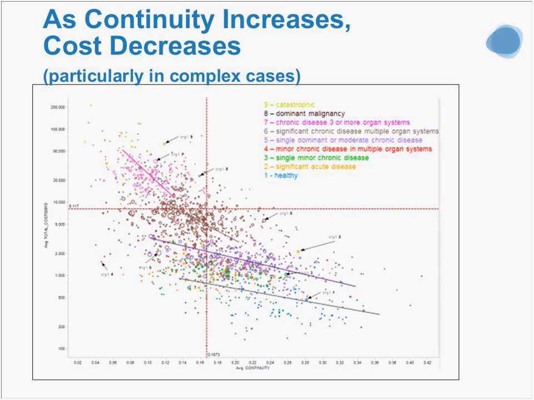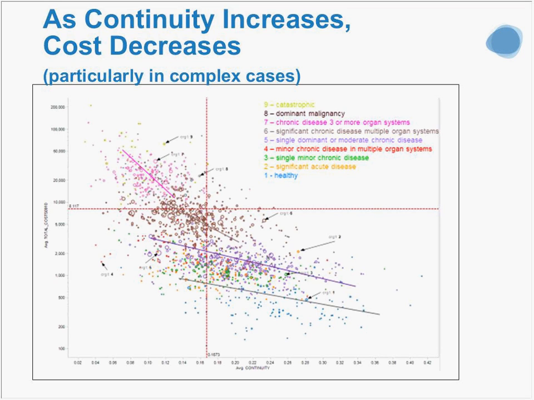So on the left-hand axis is cost, and on the right-hand axis is continuity. What we can see is that for all of those categories of patients, regardless of how sick you are, as continuity improves, so the graph going to the right, costs go down. What's interesting, though, is that the sicker the patient is, so the pink one, for example, those are chronic disease, 3 or more organ systems.